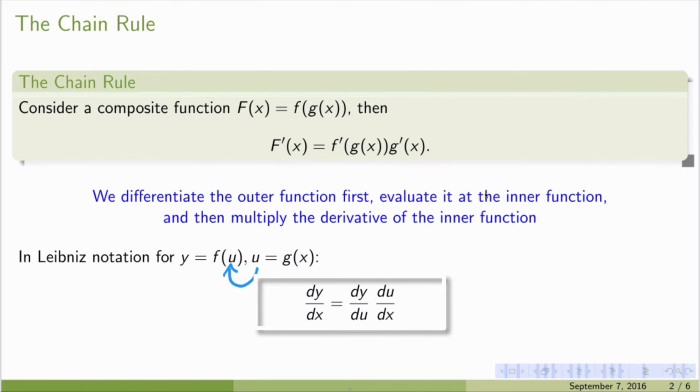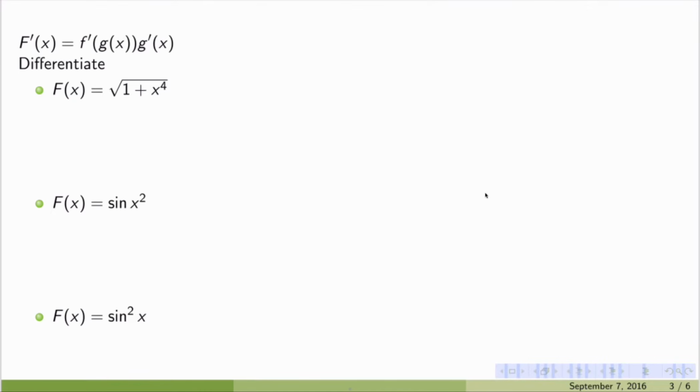So it's a composite function, and then dy by dx equals dy by du times du by dx. So this would be the outer derivative here, and this would be the derivative of the inner function right here. So let's do examples. I personally like the f prime notation better, so that's what I'm going to stick to, but some people really prefer the Leibniz notation, and then you can use that too.